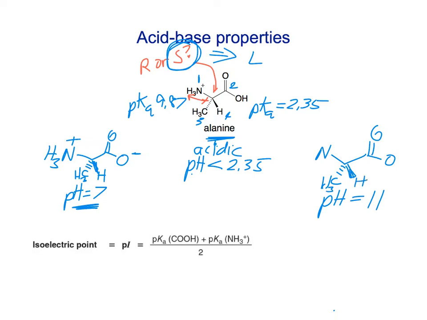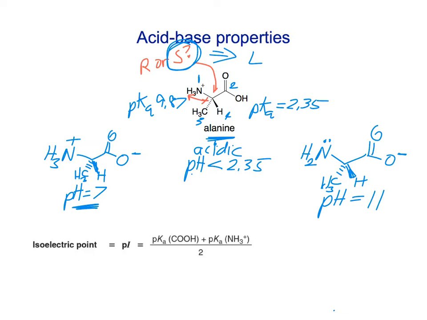Okay, what about the nitrogen? Now the pH is above the pKa, so it's going to be in its basic form. So how many hydrogens should I put on there? 2, right? So it's going to be just the neutral amine. What about the carboxylic acid? Basic form as well, so it's going to be the carboxylate anion.